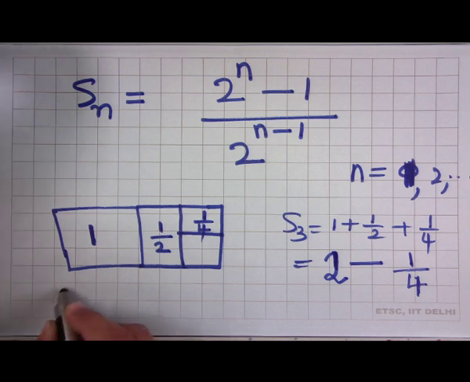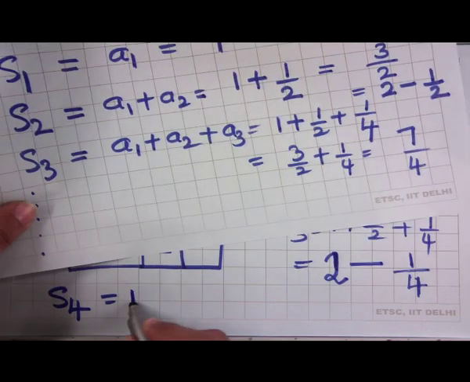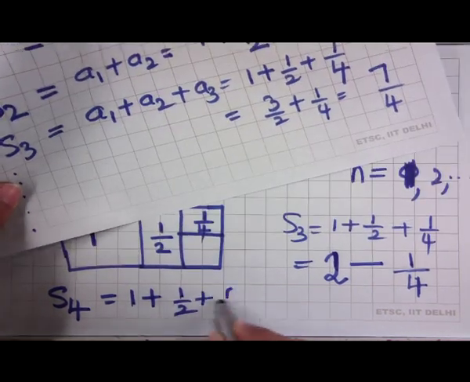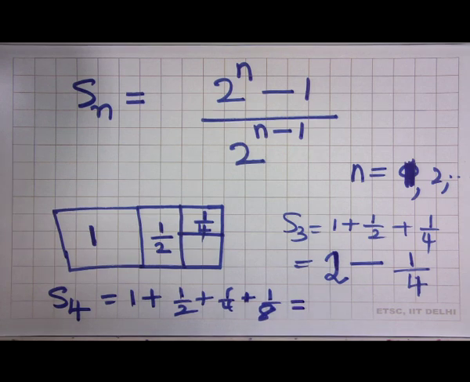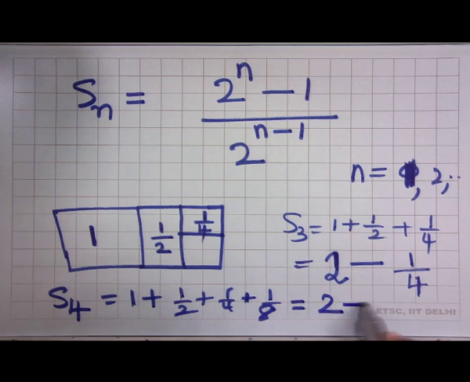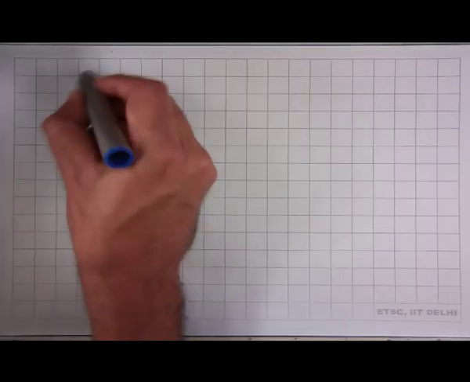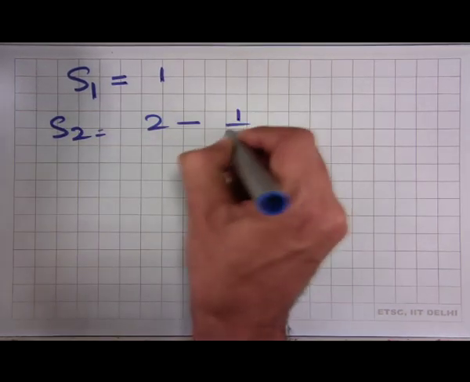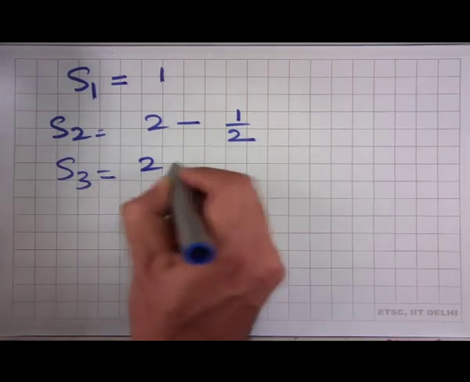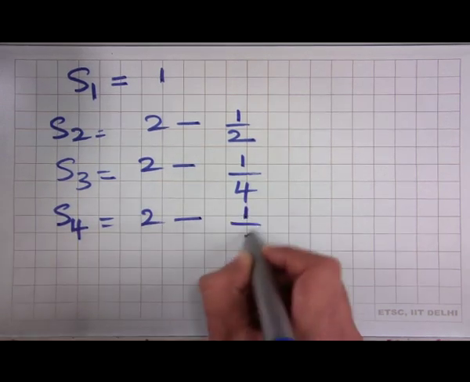Similarly, S4 is the sum of 1 plus 1 by 2 plus 1 by 4 plus 1 by 8. That is total area 2 in which 1 by 8 is missing, and so on. Now, you can observe that S1 is 1, S2 is 2 minus half, S3 is 2 minus 1 by 4, S4 is 2 minus 1 by 8 and so on.